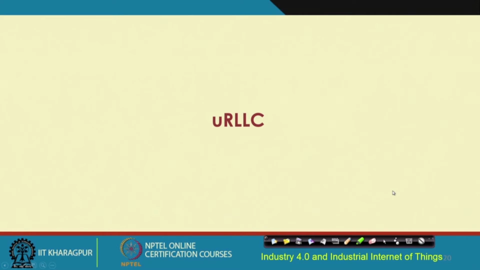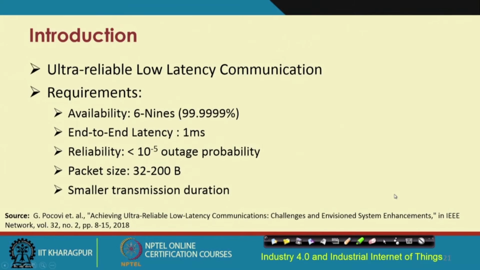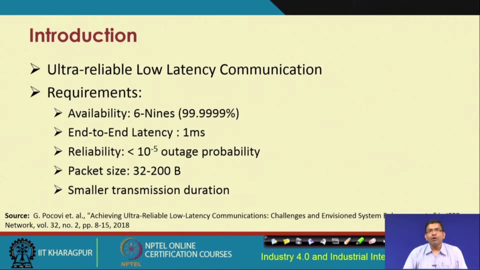Next comes this particular protocol URLLC, which is ultra reliable low latency communication. As you can understand, this is quite attractive for industrial scenarios. Here the requirements are to have availability in the order of 99.9999%, so the network is made available in 6 nines, 99.9999% of the time it is available.